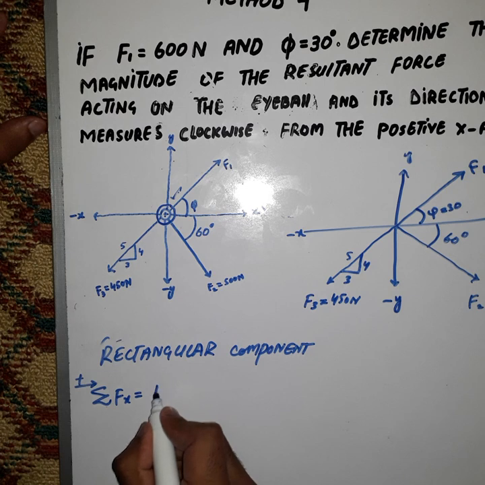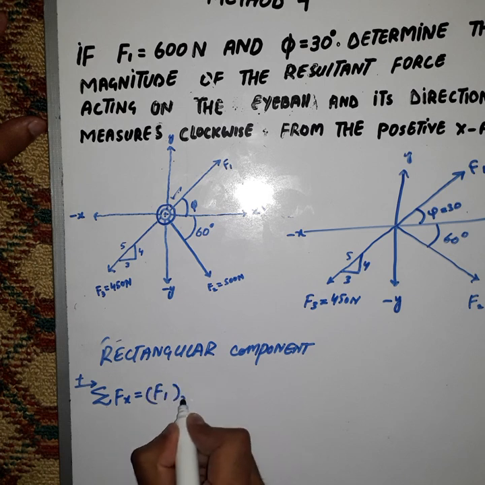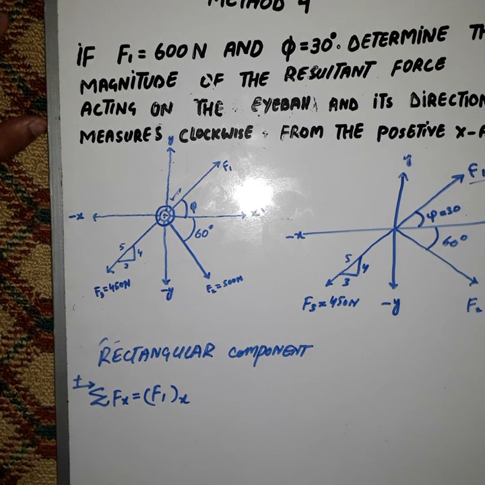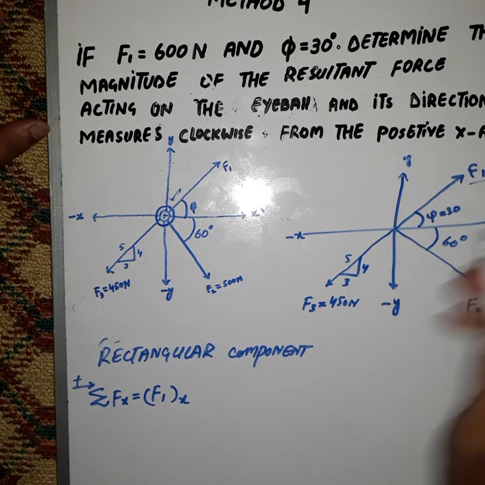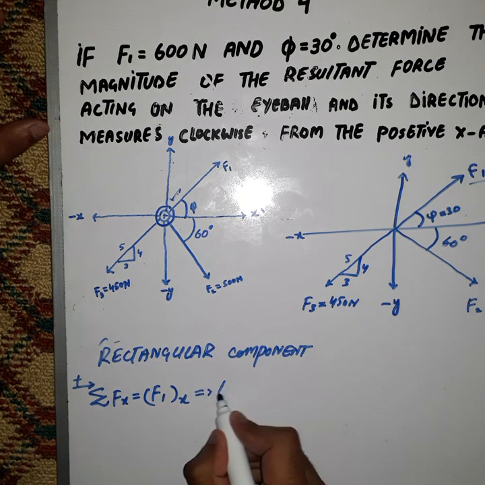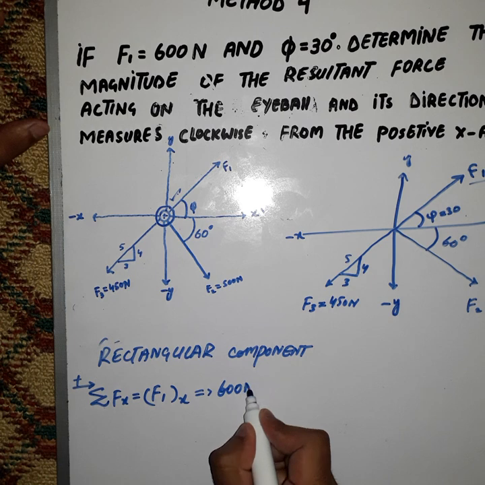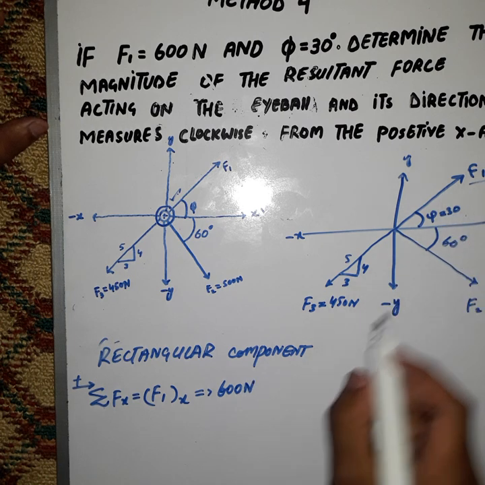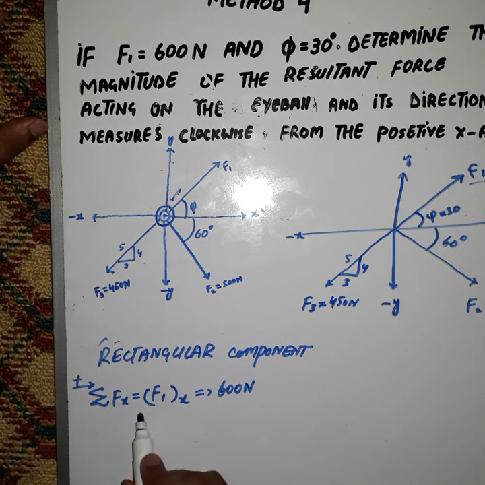is equal to F1 of x. This is our F1 and this is our x. So the force F1 is 600 Newton, and the angle with the x-axis is 30 degrees, because we are solving the summation of F of x.